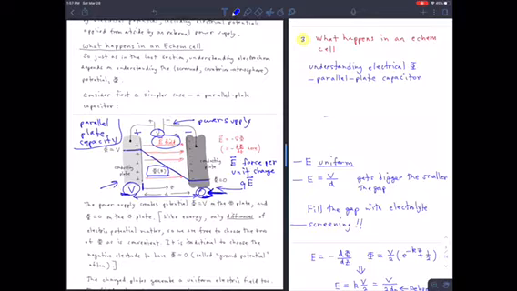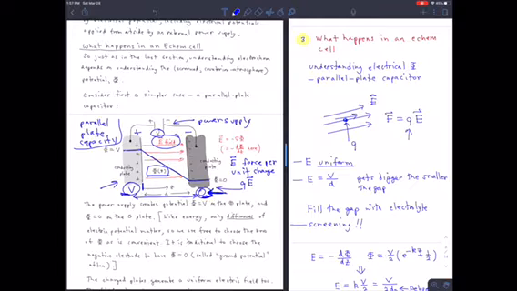So if I have an electric field, here's my electric field, and there's a charged particle with charge Q in there, then the force that will be felt by that particle is just Q times the electric field.